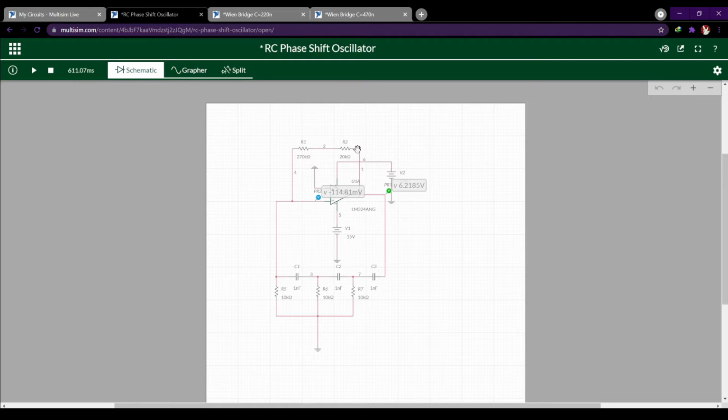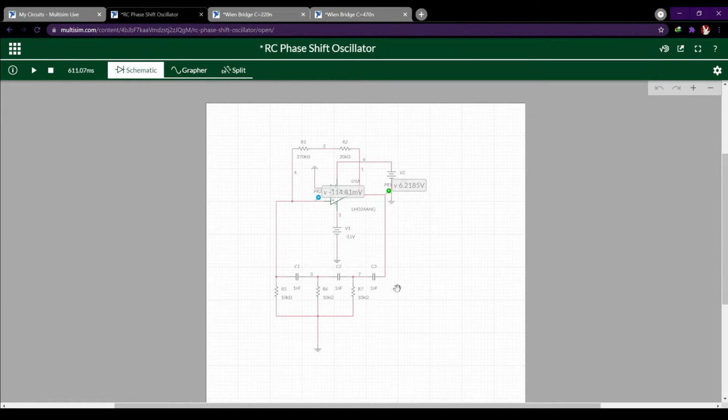The operational amplifier will provide a 180 degrees phase shift, so we need another 180 degrees phase shift to get the 0 or 360 degrees. So the op amp provides 180.